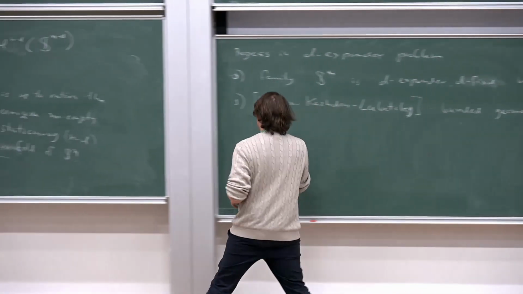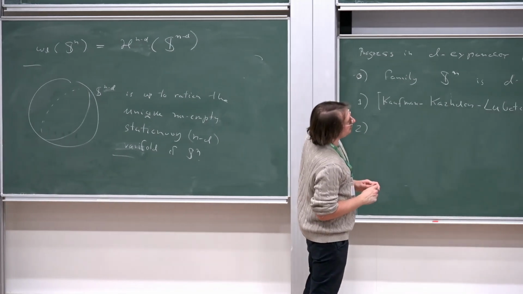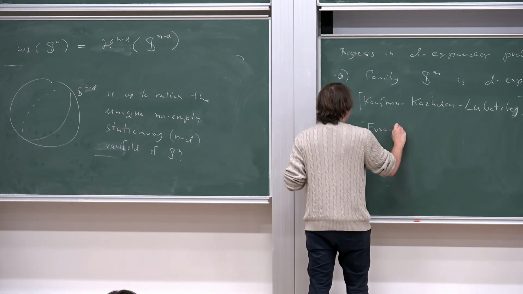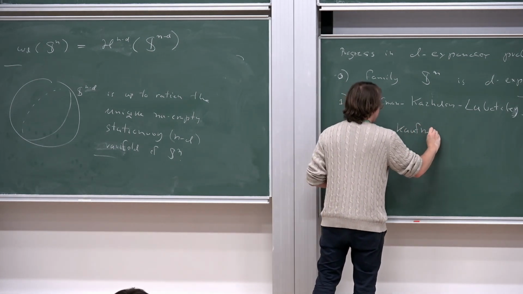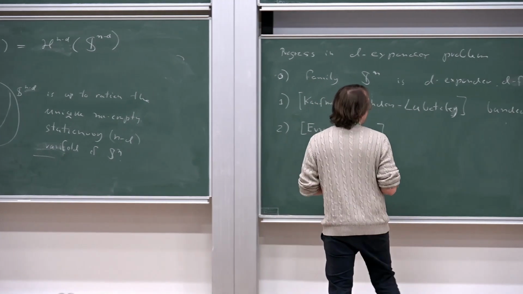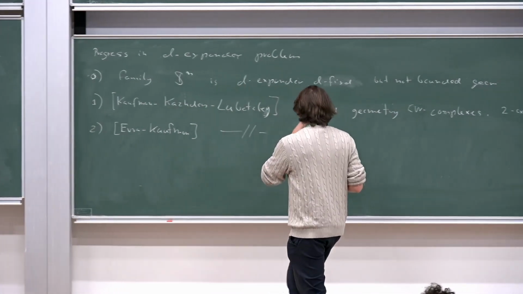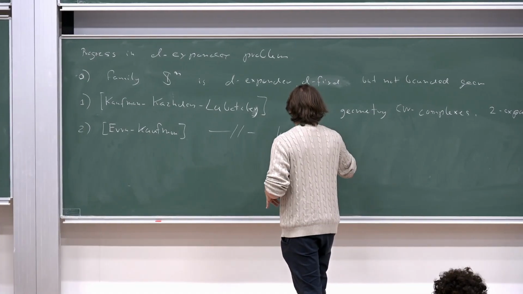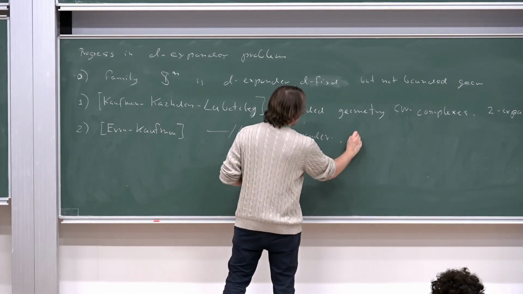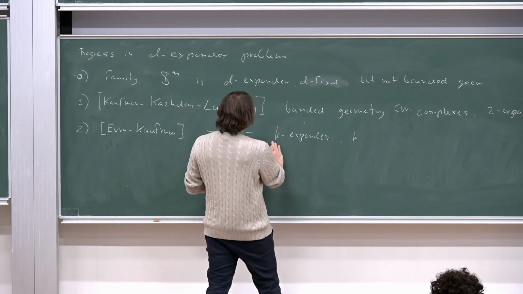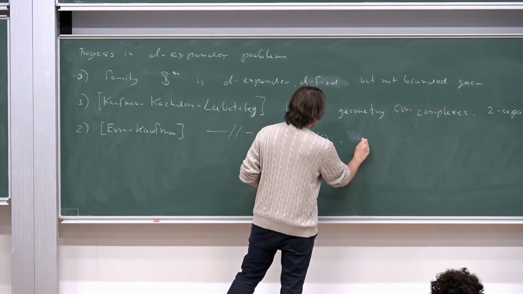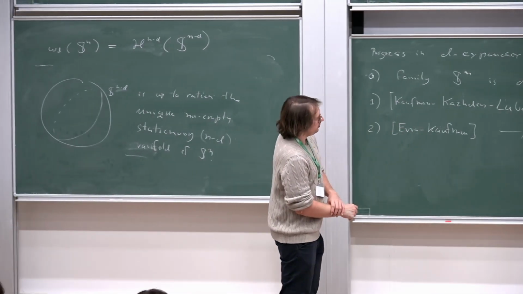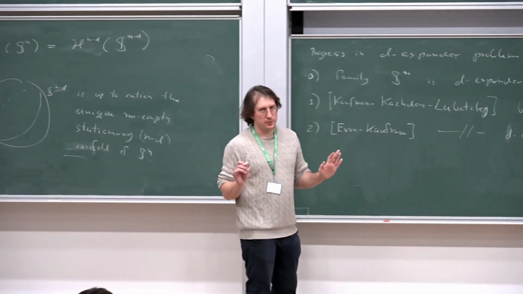And this was extended to any dimension d by Evra and Kaufman. Same, so bounded geometry CW complexes, which are k-expander families for any k. Why did they switch from d to k? I don't know. For any d bigger or equal than 2. So both those constructions used these buildings and resulted in something that is quite far from being a manifold.